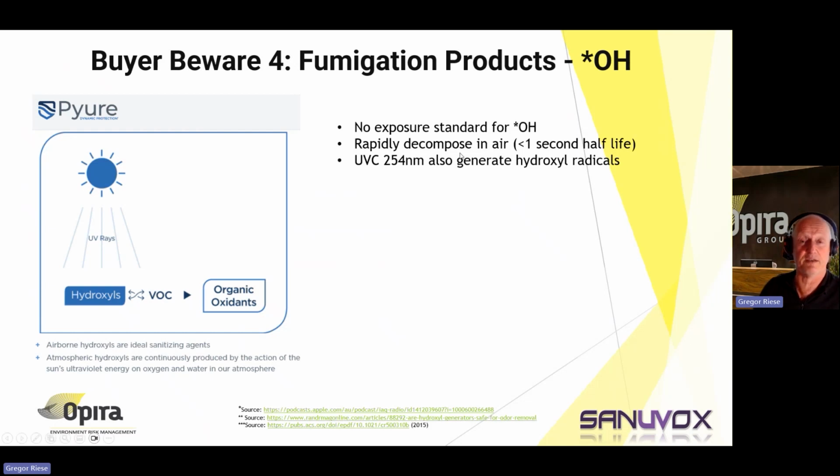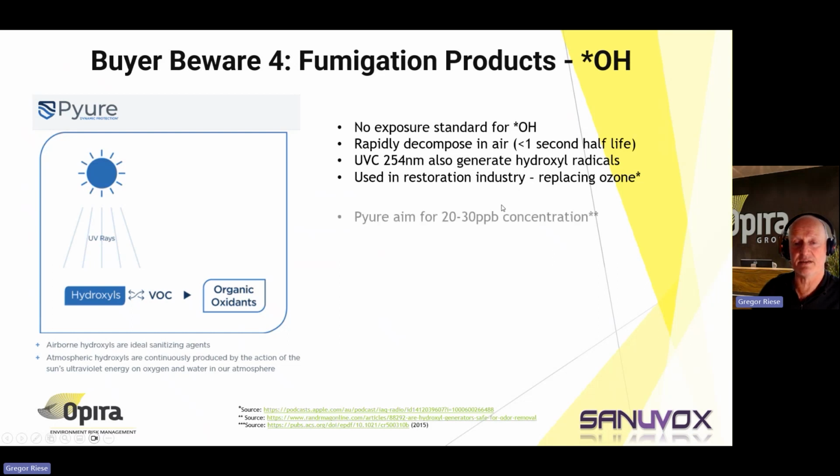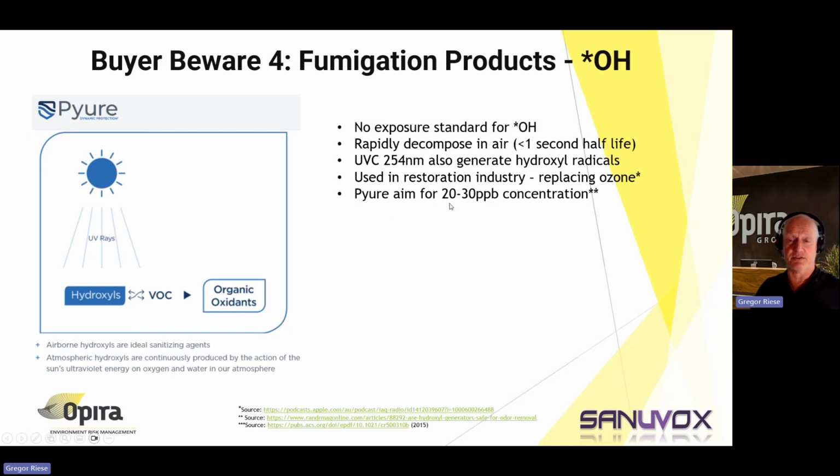They decompose very rapidly, and in fact UVC at 254 also generates hydroxyl radicals, but they don't last long in the breathing zone, with less than a second half-life. It's being used more and more in the restoration industry, replacing ozone. This particular product aims for a background concentration of about 20 or 30 parts per billion in occupied areas, and says that's safe for occupants, and it mimics the outdoor mode of action.